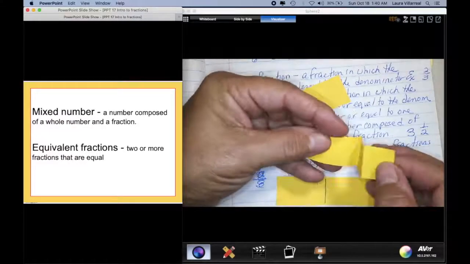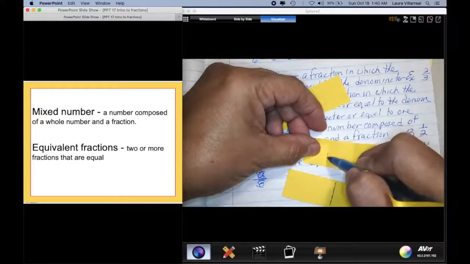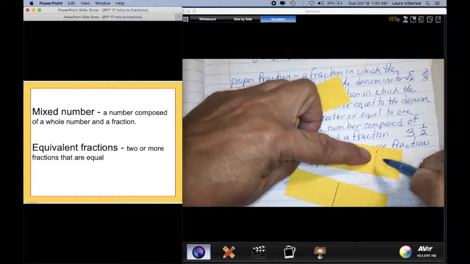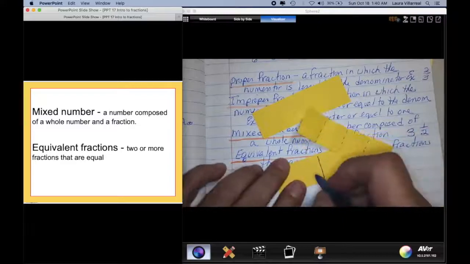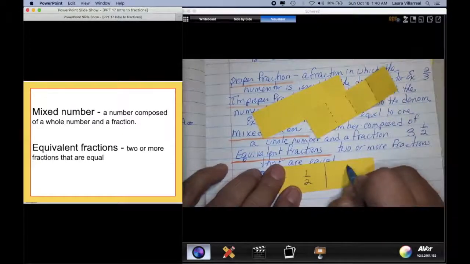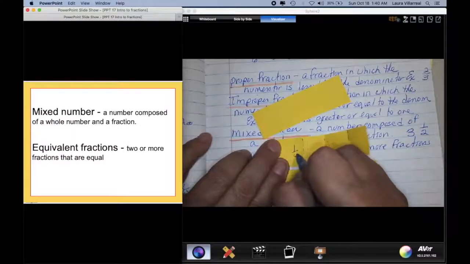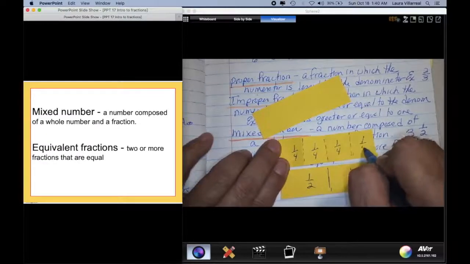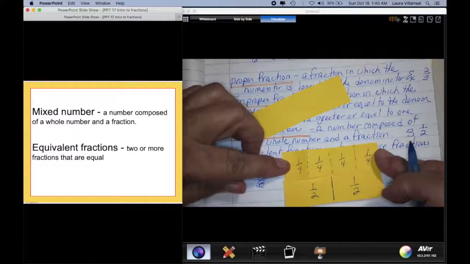Let's go ahead and show the markings here. So here I have 1/2, 1/2, 1/4, 1/4, and so on. And again, notice that I have them the same length.